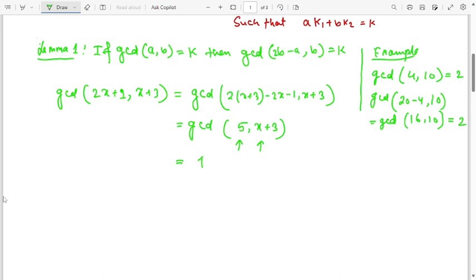The GCD will be 1 or 5. If x plus 3 is any number other than a multiple of 5, then they will be co-prime, so the GCD will be 1.